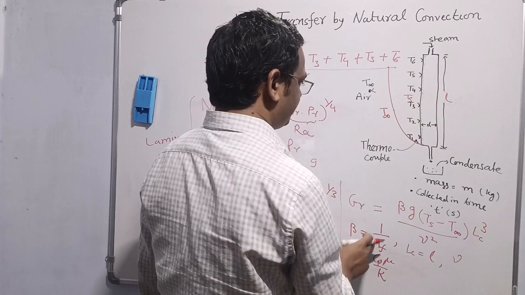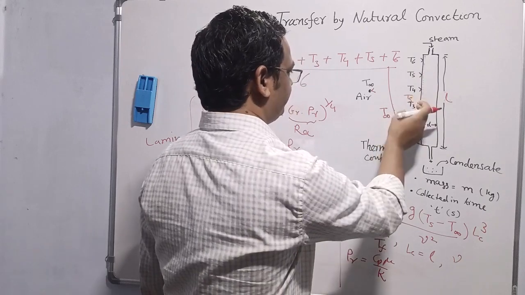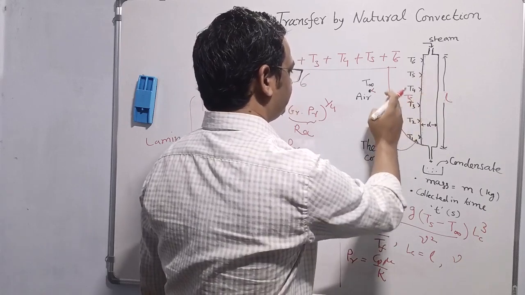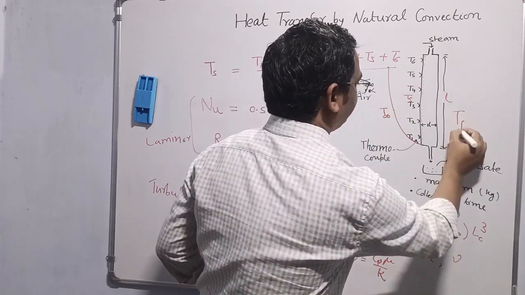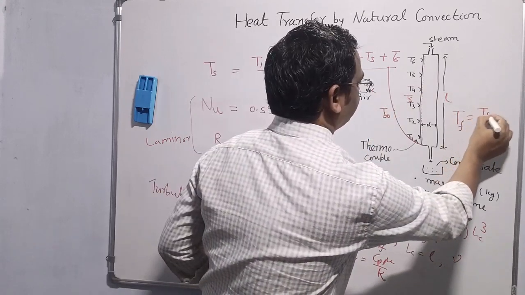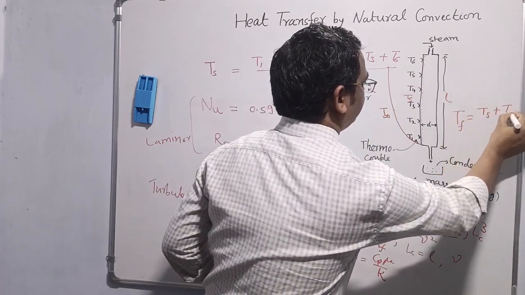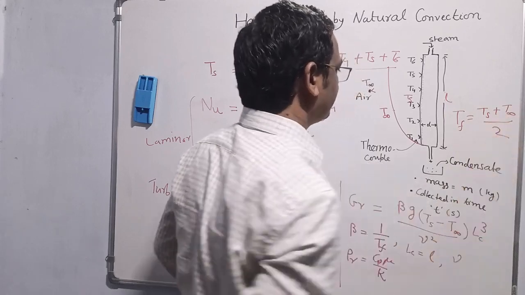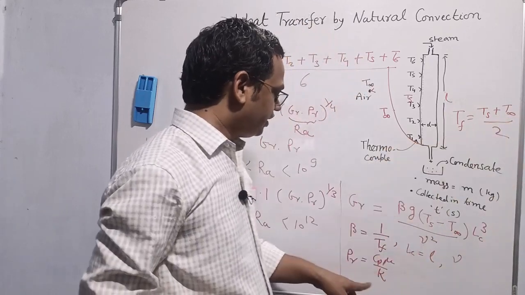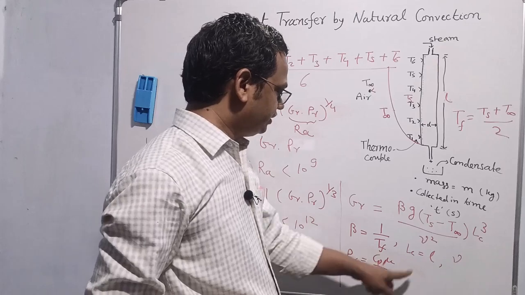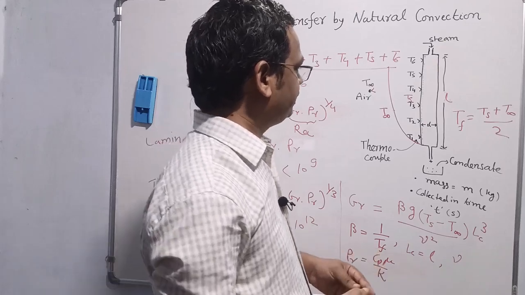So here film temperature is approximated by taking the mean of the surface temperature and surrounding temperature. Tf means Ts plus T infinity by 2. At this temperature, all the fluid properties should be considered. Remember that.